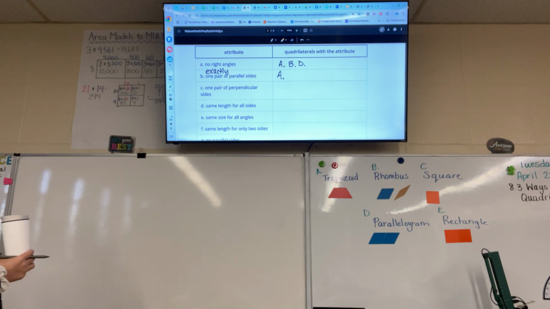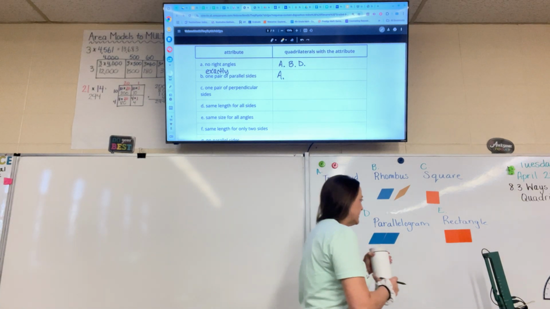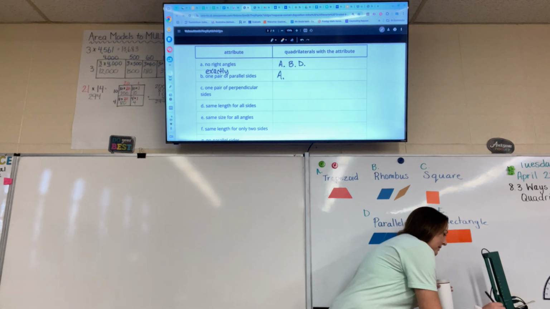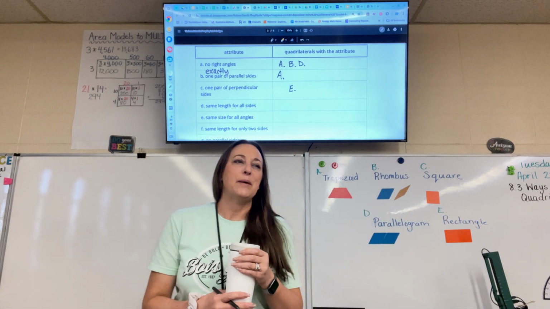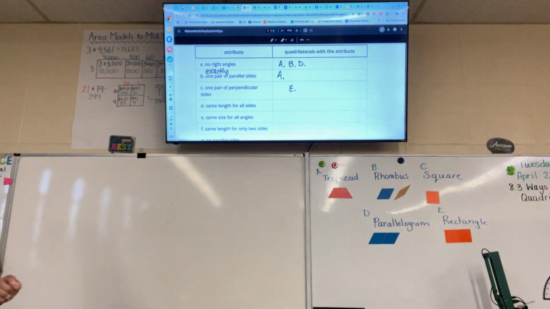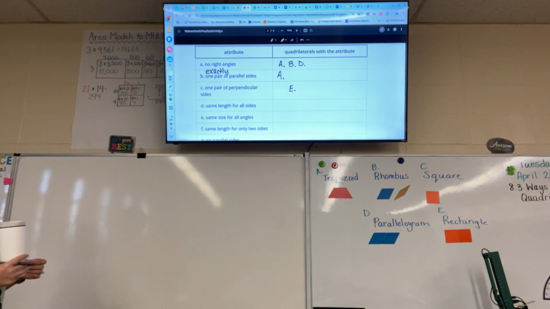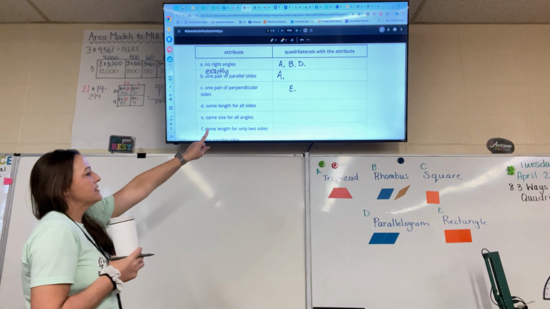For C, which of these figures do you see have a pair of perpendicular sides? Kerrigan? Rectangle. A rectangle has perpendicular sides, that's correct. Nope, sit down, Kerrigan, on your sticky note. It's just habit, I know. And Josiah? E. We got E, a rectangle, already.